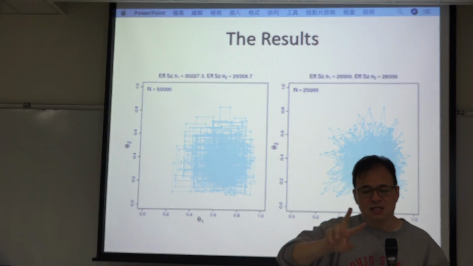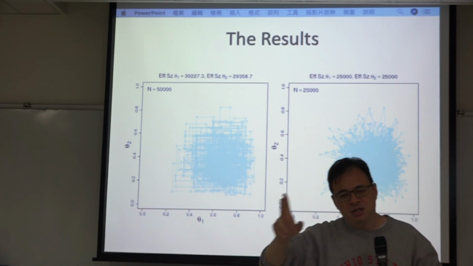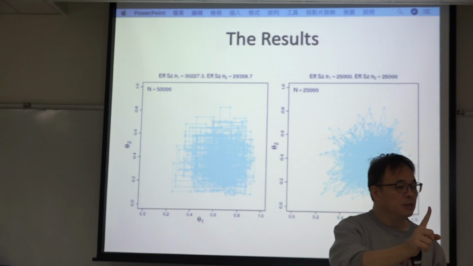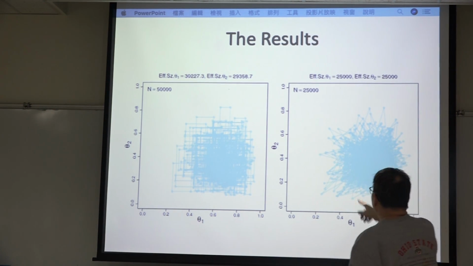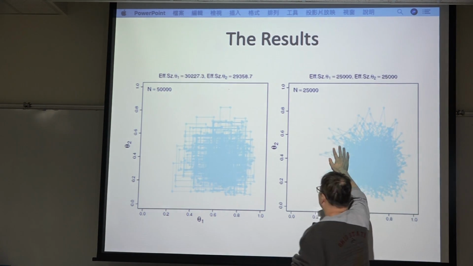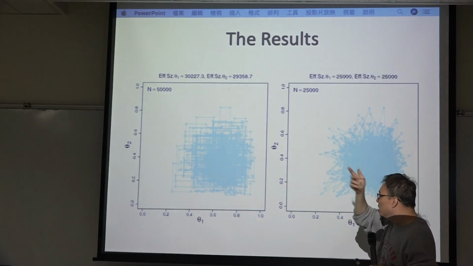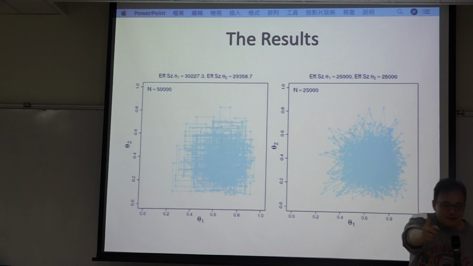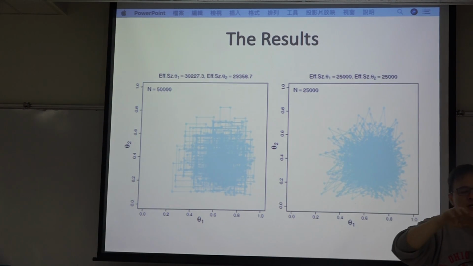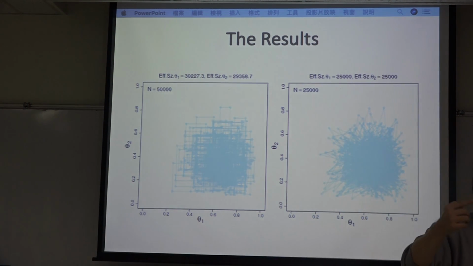So let's consider each pair as one complete iteration. In that case you have 25,000 iterations, each consisting of one iteration for theta 1 and one for theta 2.